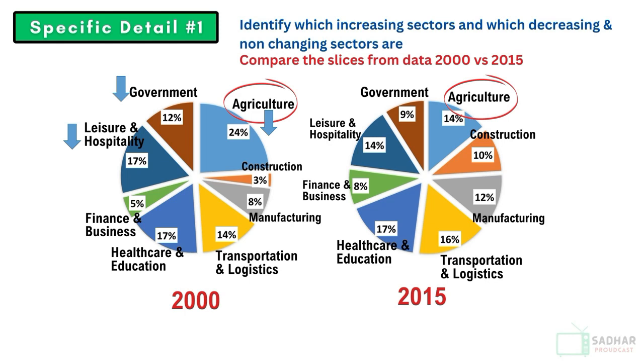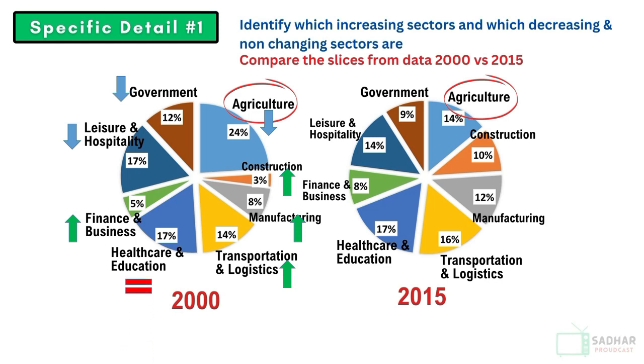And also we check government from 12 to 9, which is also down. Leisure and hospitality from 17 to 14, also down. For the other sectors, we have construction, manufacturing, transportation and logistics, finance and business. If you compare the data from 2000 to 2015, all these sectors go up.